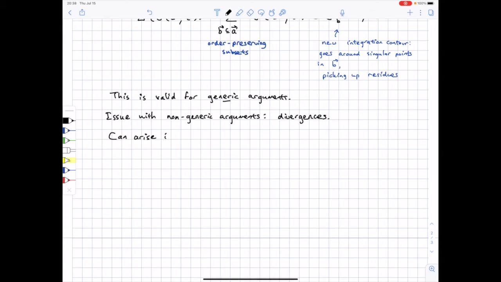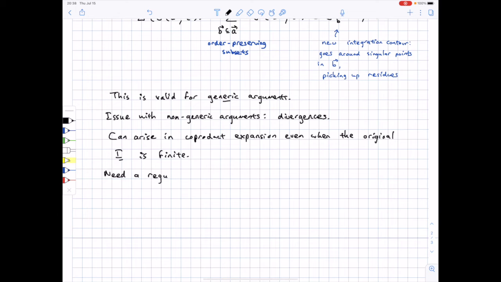We have to have a way of dealing with them. It can arise in the coproduct expansion even when the original G function is finite. So we need a regularization procedure, and we have one that's called shuffle regularization.